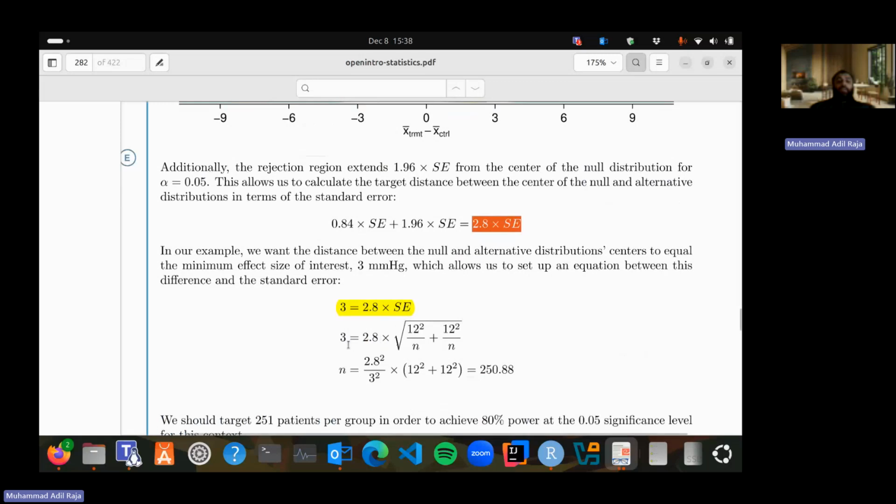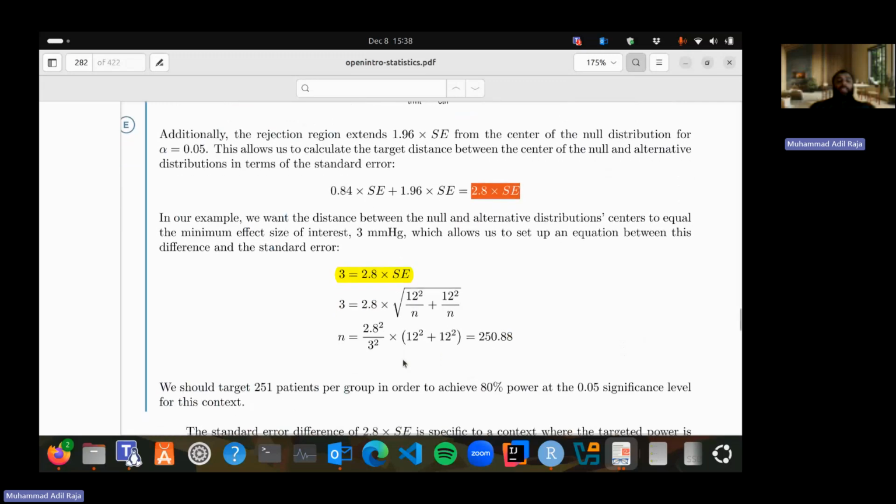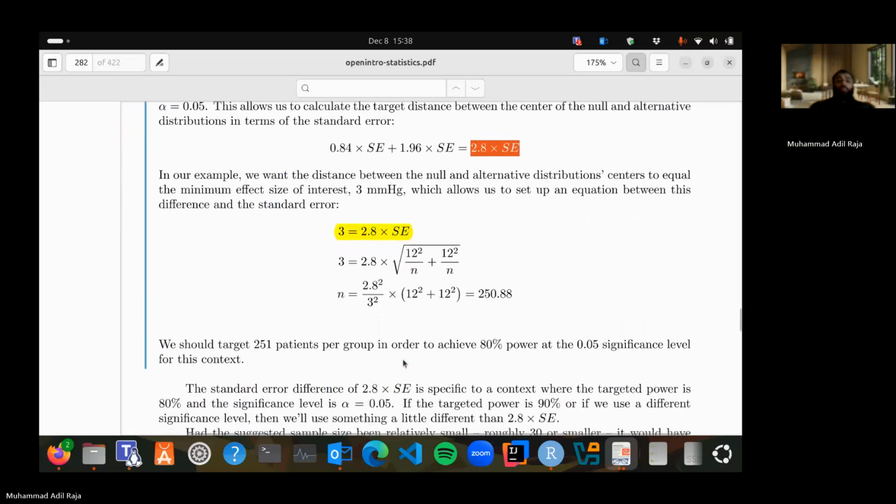So we equate it: 3 is equal to 2.8 times SE. Instead of SE, we replace it with the formula for SE, which, if you remember, is the square root of S1 square over n plus S2 square over n. Then we manipulate this equation.